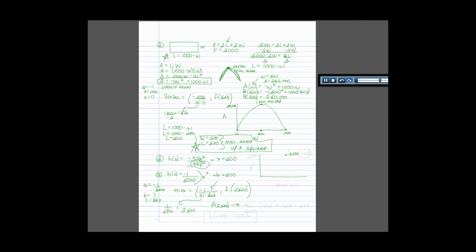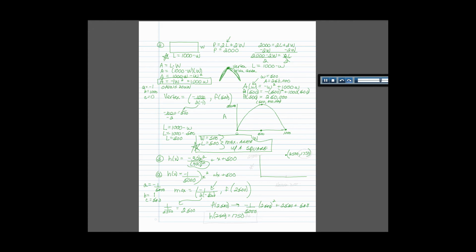So it's going to be negative 1 over 5,000 times x, which is now 2,500 squared, plus x, which is 2,500, plus 500. Put that in your calculator, and I'm going to go back to h. h of 2,500 is equal to 1,750. So that point is the point 2,500, 1,750.